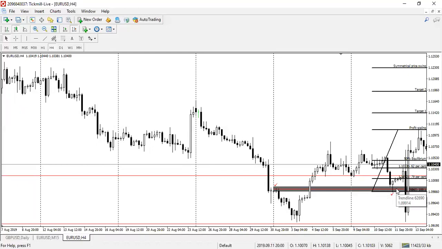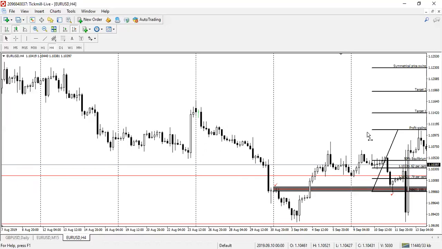So we have a lot of confluences for putting a pending order in this area. One, we have an order block which is lying inside an institutional level, and it is also lying inside an optimal trade entry area. Okay.